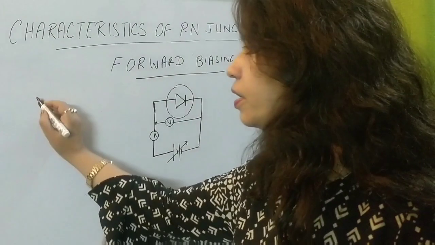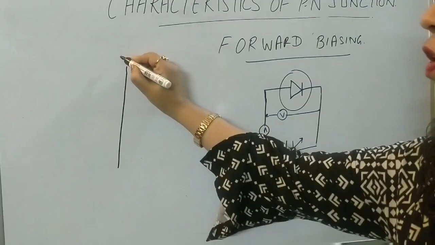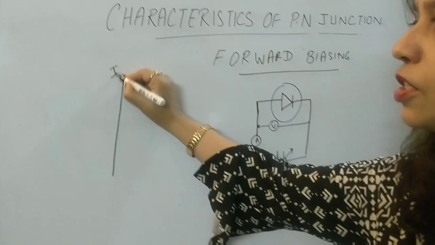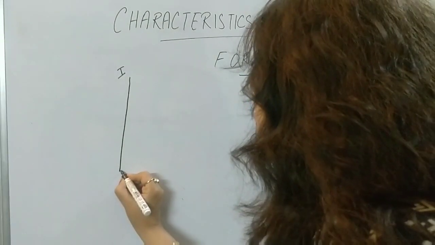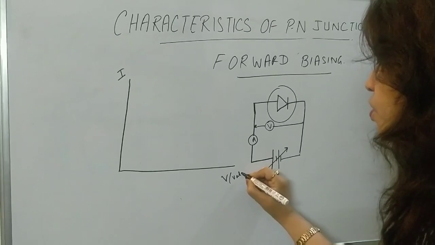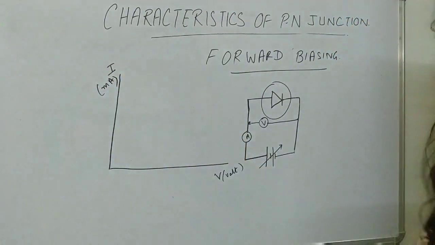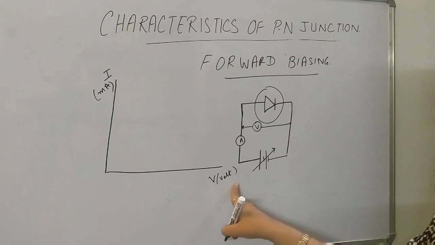If we are plotting a graph, on the y-axis we take current and on the x-axis we take voltage. Current is in milliampere and V in volt.